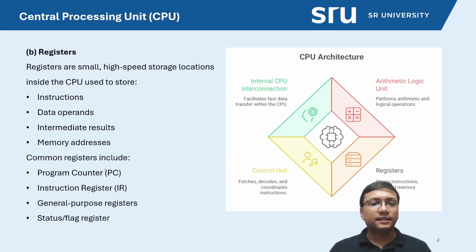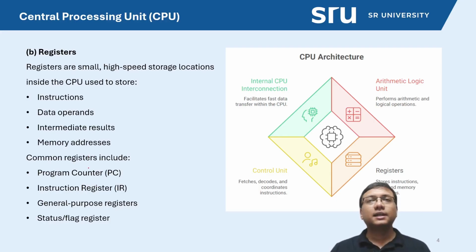The next part of the CPU is registers. What does register mean? We know about the attendance register, where the attendance of the students is stored. Similarly, in a computer also, registers are small high speed storage locations inside the CPU.